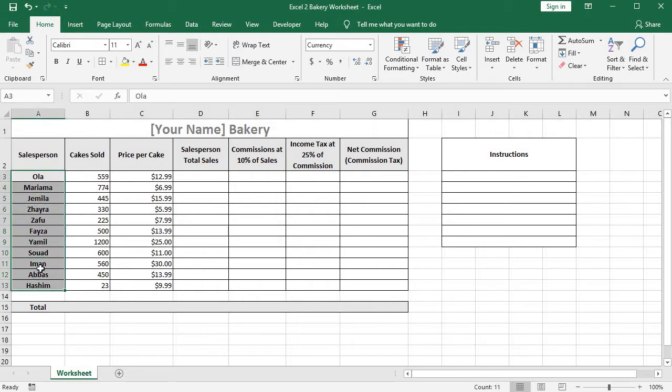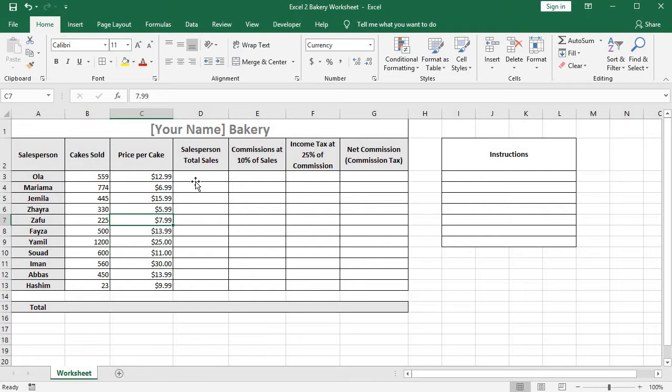Obviously, your sales associates are getting a commission out of the sales that they make, and you're going to withhold tax, and then you're going to give them their checks, and that's going to be the net commission here. And you are given the quantity of cakes that each salesperson sold, and then the price per cake.